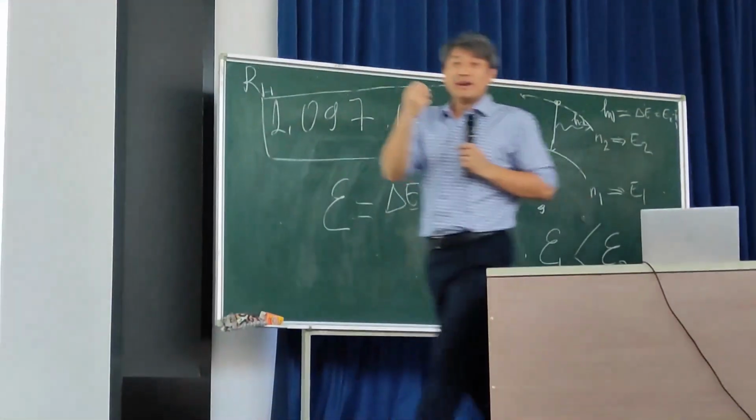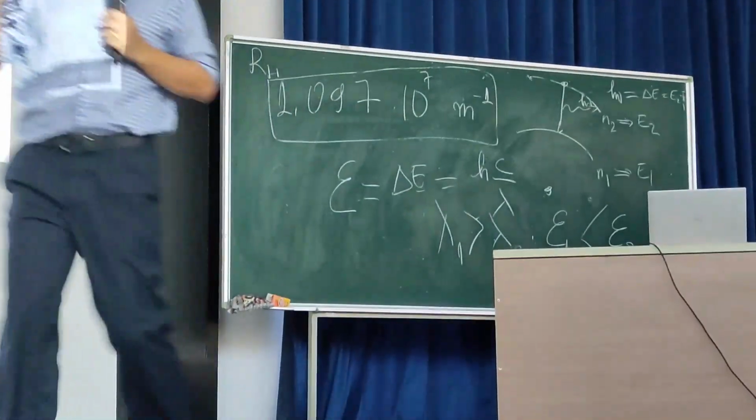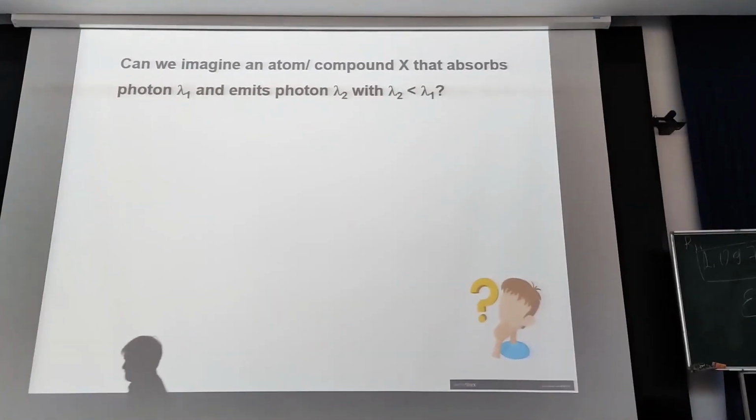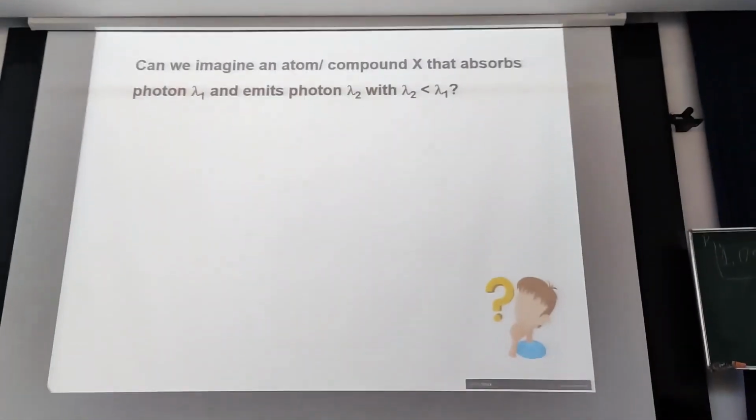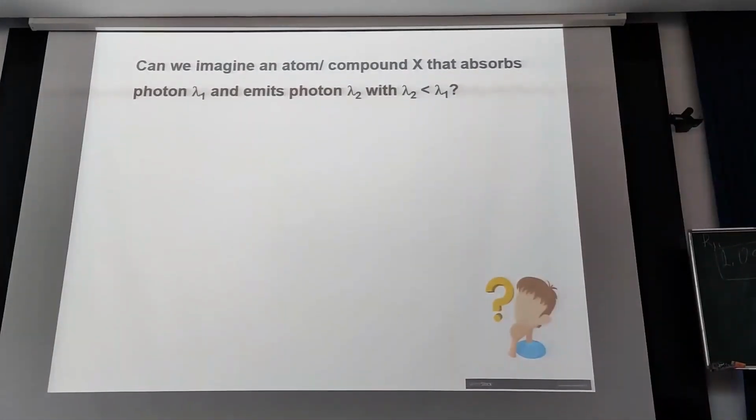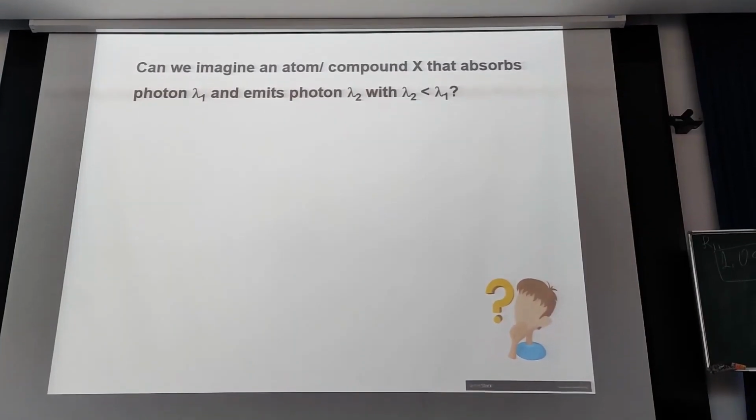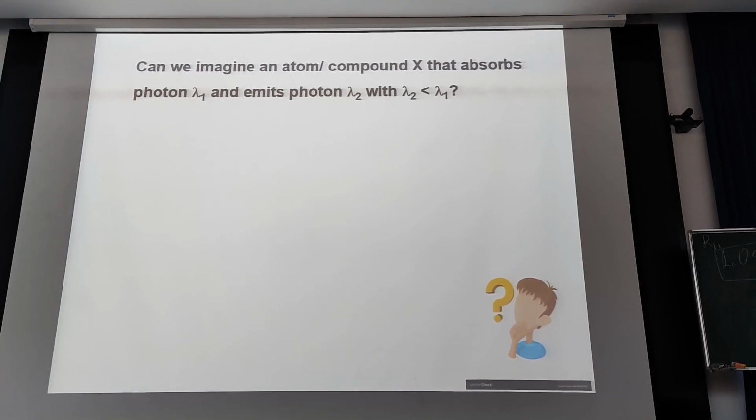That means you will emit more than what you absorb in terms of energy. Can we imagine this case? Is it possible? And if it is possible, how can we do it? If it is not possible, what is the problem? Do you understand my question?